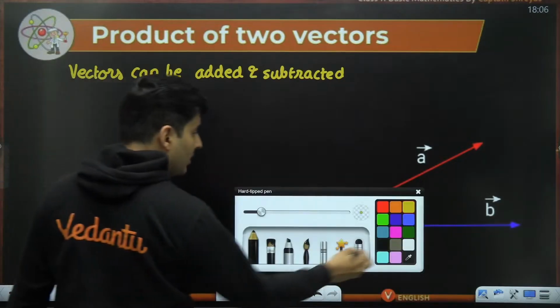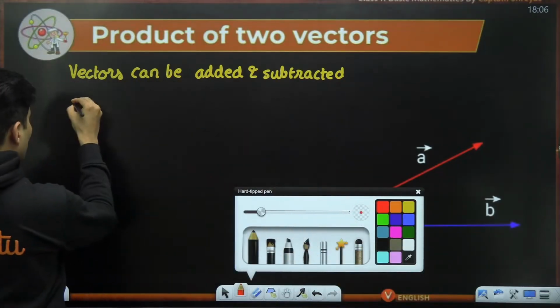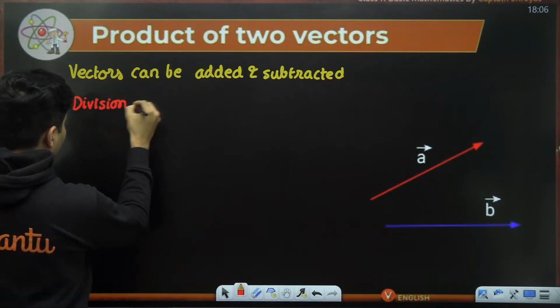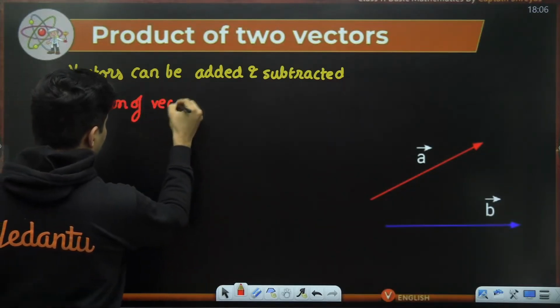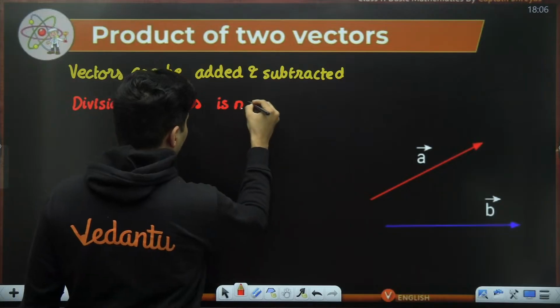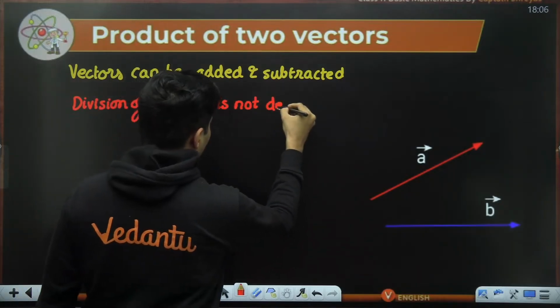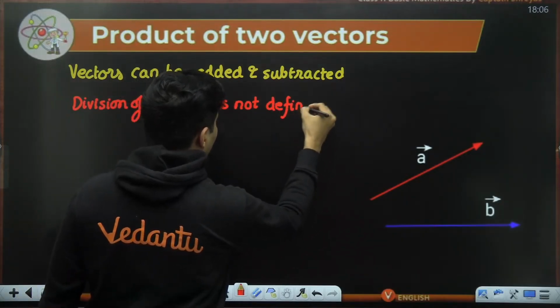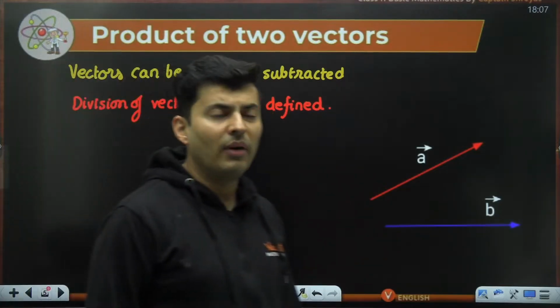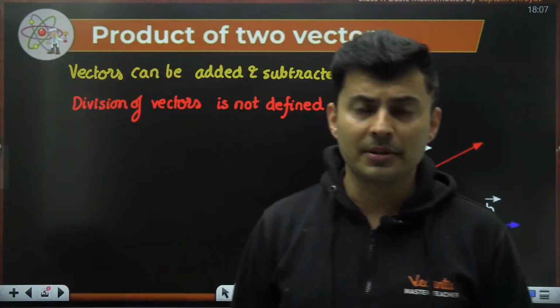But division of vectors is something which you should never do. Division of vectors is illegal. Division of vectors is not defined. It's meaningless to divide two vectors with each other.